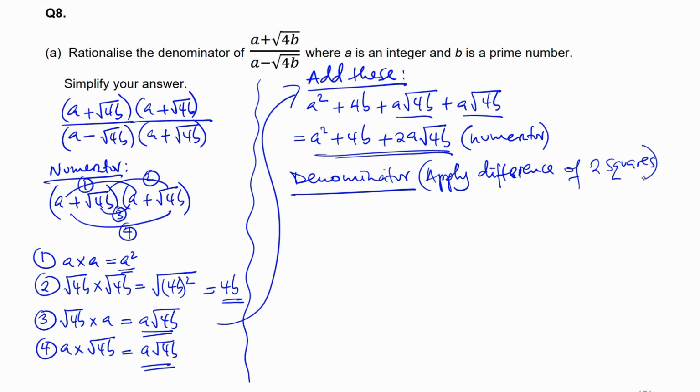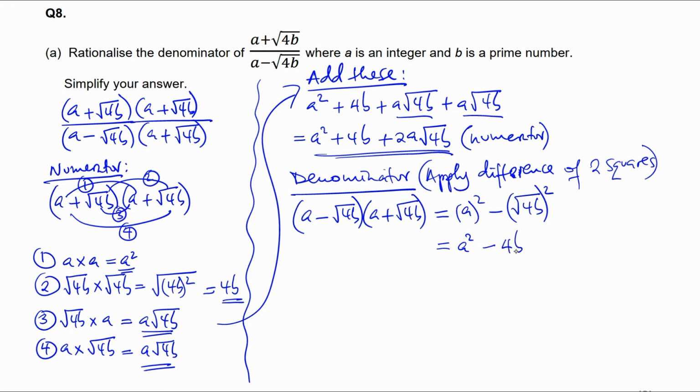If we apply difference of two squares, we know that A minus square root of 4B multiplied by A plus square root of 4B will be equal to A squared minus square root of 4B squared. Now this will be equal to A squared minus, the square and square root just cancel out, so that will be 4B, and this will be the denominator.